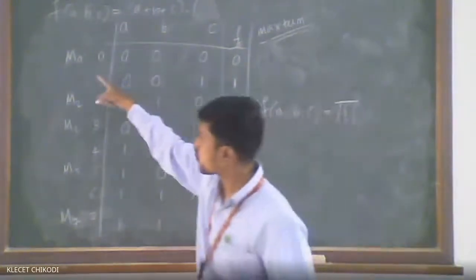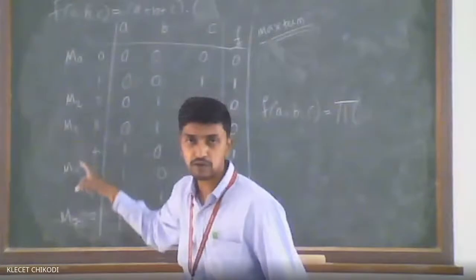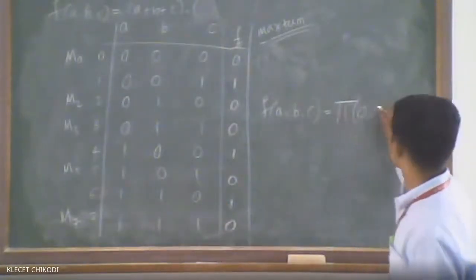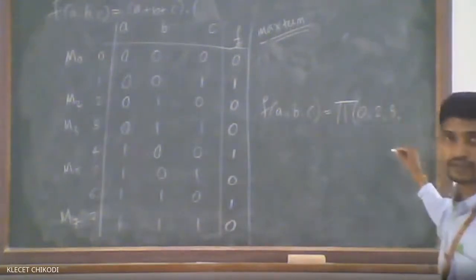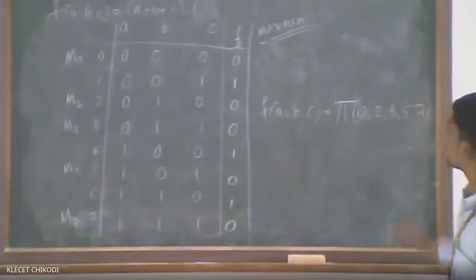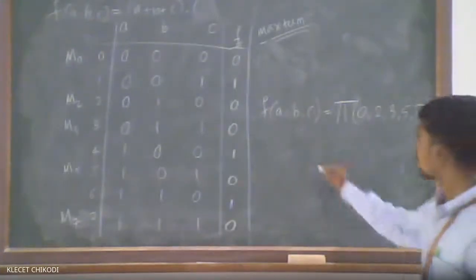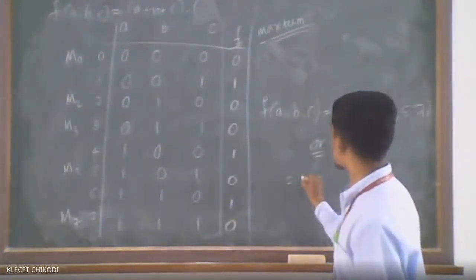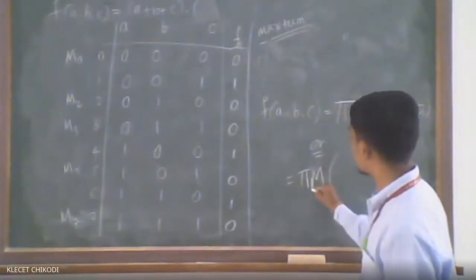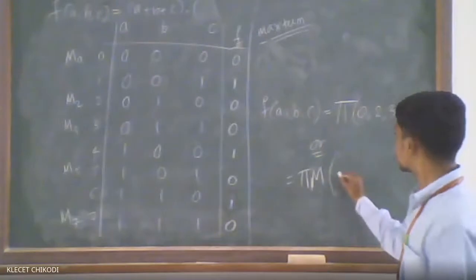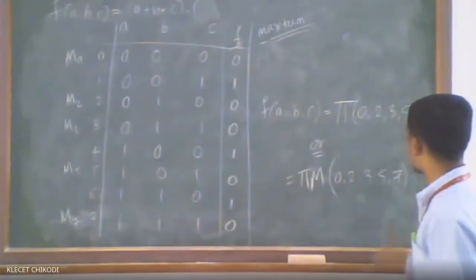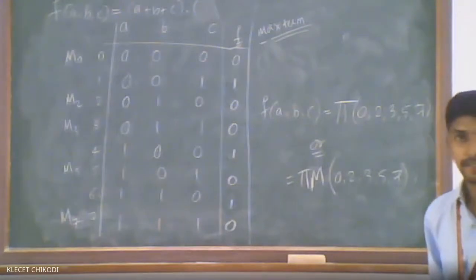Which max terms we have considered, you have to write the numbers belonging to them. So that would be 0, 2, 3, 5 and 7, or you can write it as pi of capital M 0, 2, 3, 5 and 7.